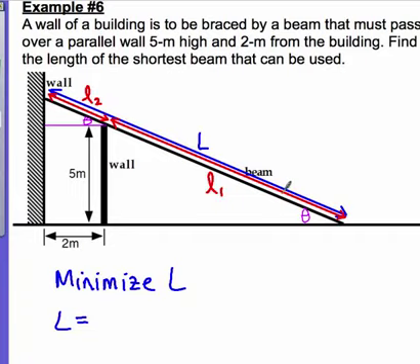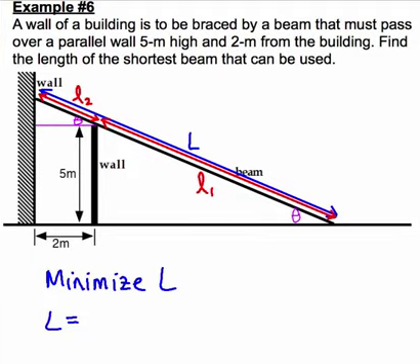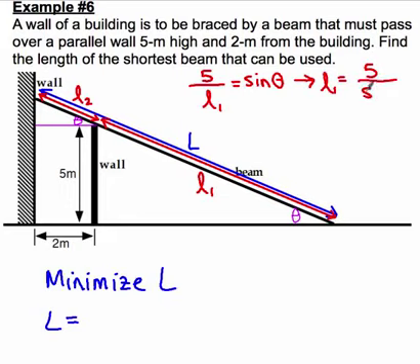And so I can write 5 over L1 equals the sine of theta, which leads me to L1 equaling 5 over sine theta.